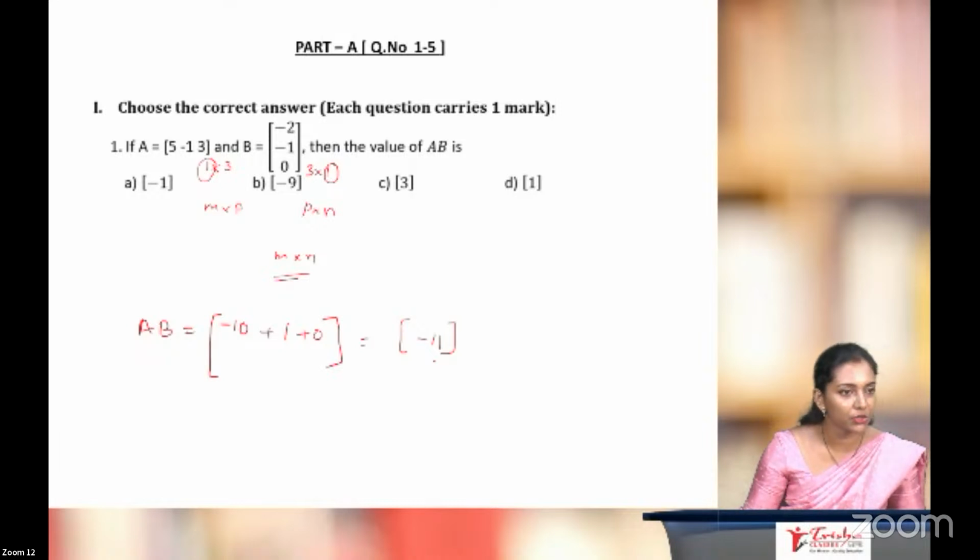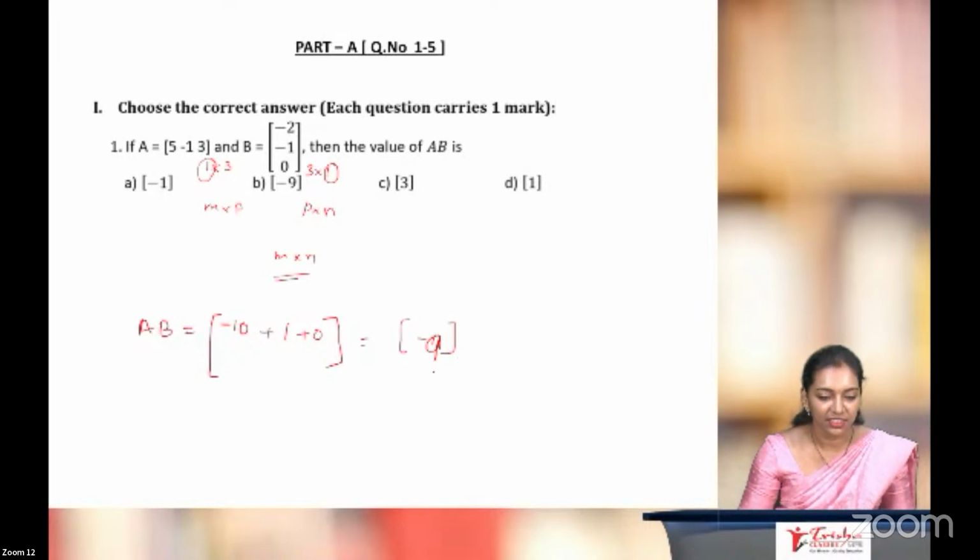Let me just check the question once, whether it is correct or not. -2, -1. Sorry, it is -9. Okay. So it is -9. Okay. So that's the answer, right? So we have B as the option, correct.